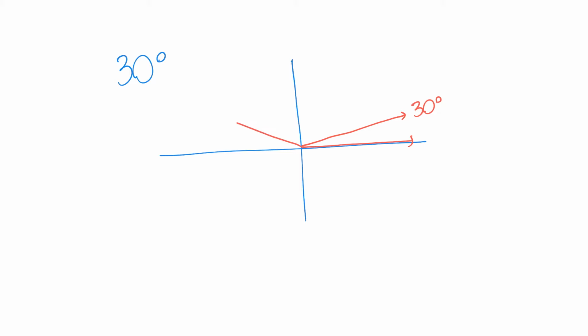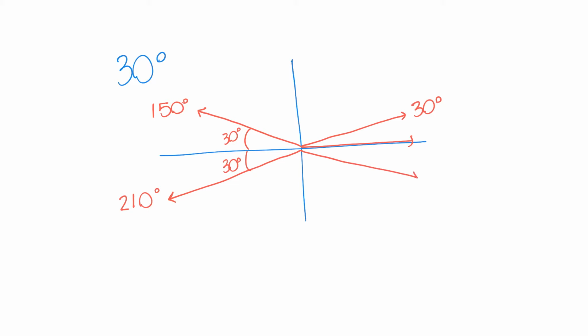Now a reference angle of 30 in quadrant 2 is going to be what? It's going to be 150 degrees, right? Because there's a reference angle of 30 right here. And a reference angle in quadrant 3 is going to be 210 degrees, right? See my 30 degree reference angle?